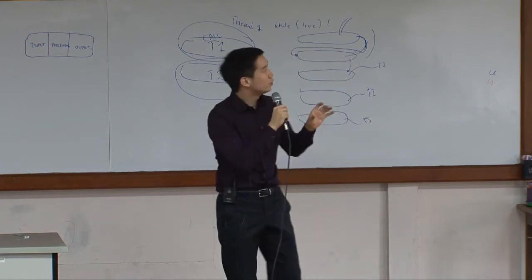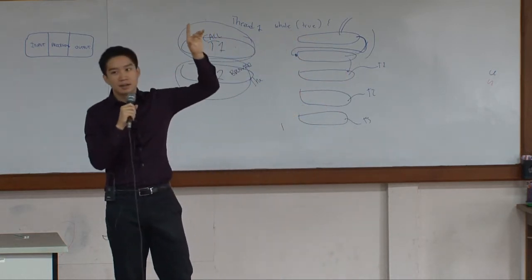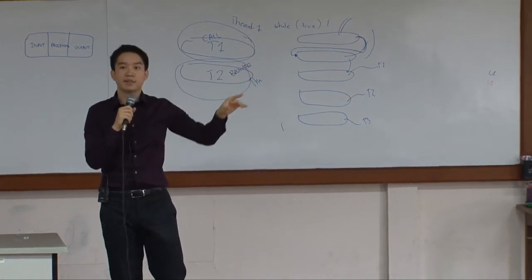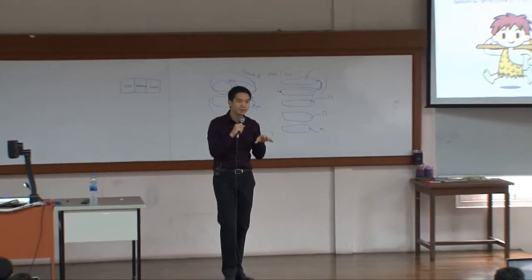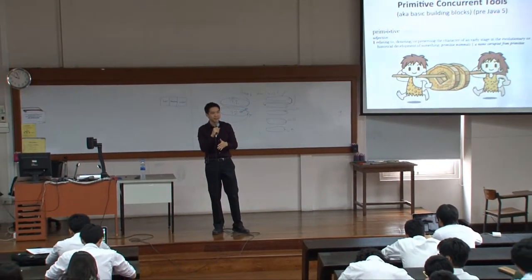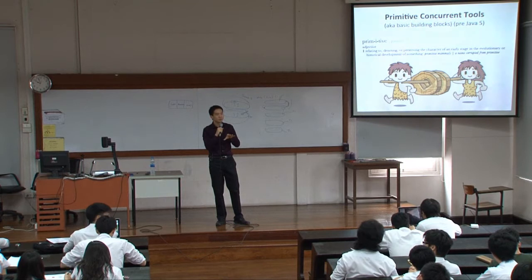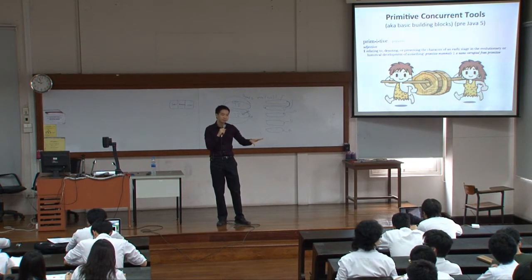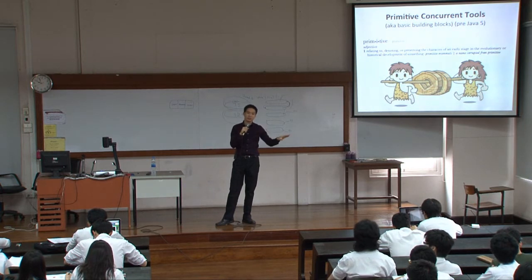And I would like to emphasize early stage, because the primitive tools that we're going to be covering in the next few slides were created prior to Java 5. So that's many, many years ago.